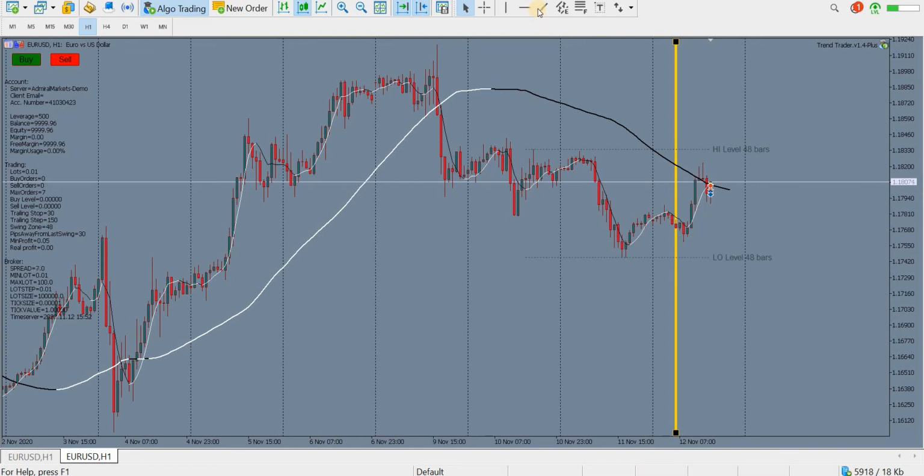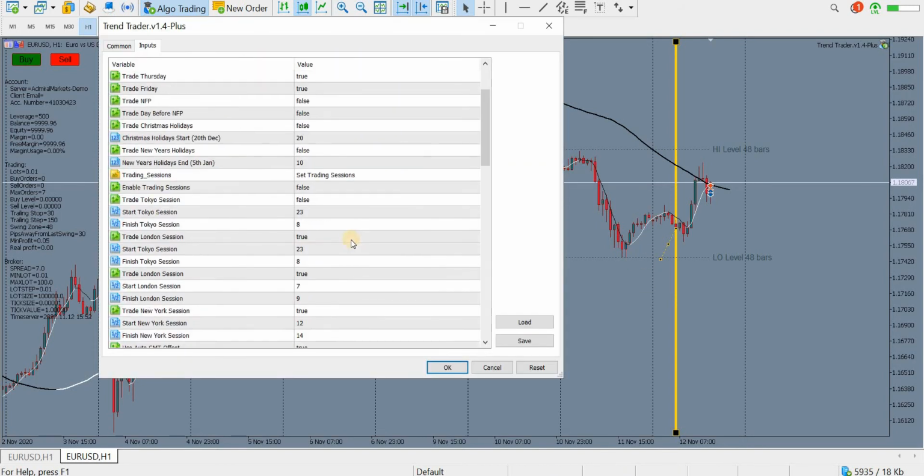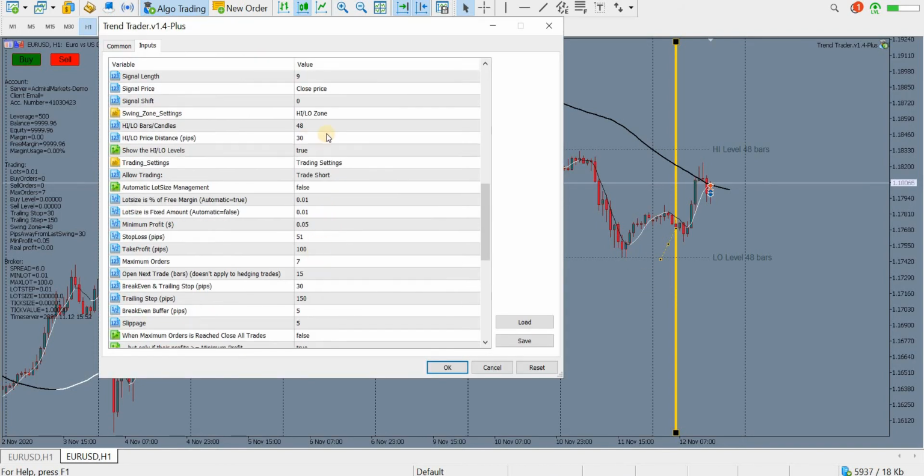However, it didn't open it because when the signal changed the color, the price at that point was not at least 30 pips away from the low level of the high-low zone.